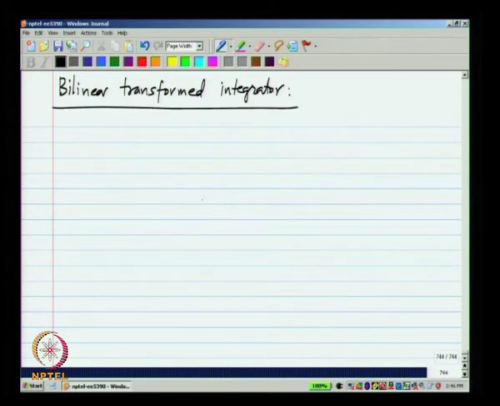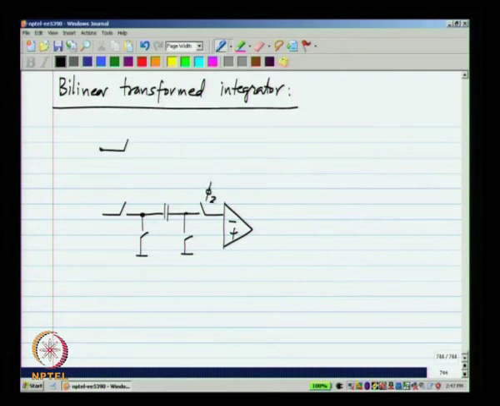That you get by this switch is operated in phi 2, and let me call this Cp and this one Cm.